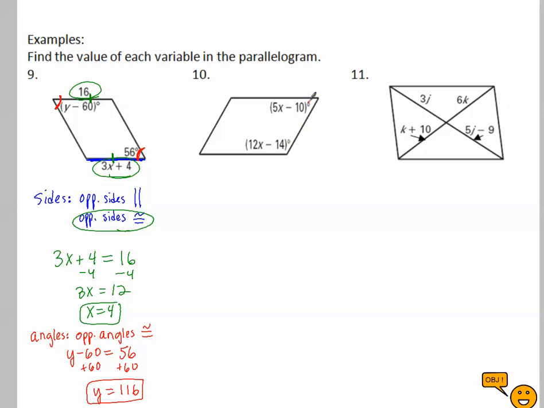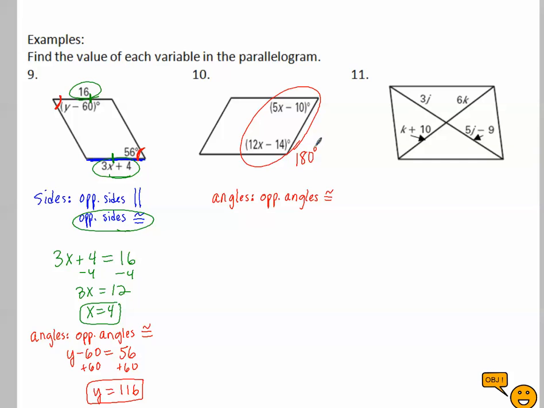I see degrees in here for both of these expressions. So I know that these are angles. Well, what did we say about angles in the last one? We said opposite angles must be congruent. But are these angles opposite from each other? No, they're next to each other. So what do we remember about angles next to each other? Those are called consecutive angles when they are right next to each other.